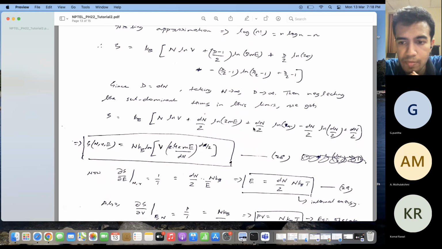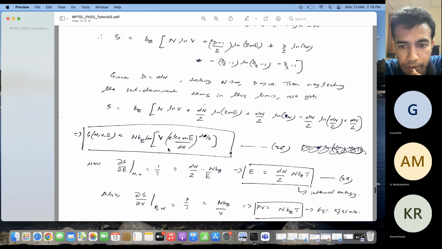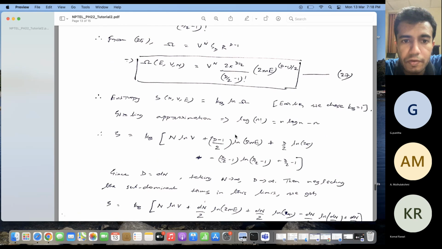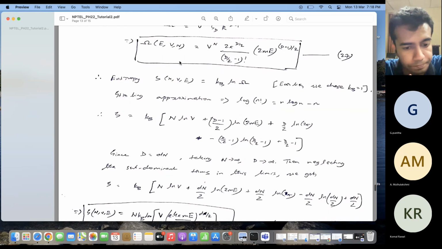This comes from the fact that there was dN by 2 over here. I can write this as dN by 2 into log of e, since log of e is equal to 1, and from that I get this small e. So this is the value of entropy which I get if my number of microstates has this particular form.